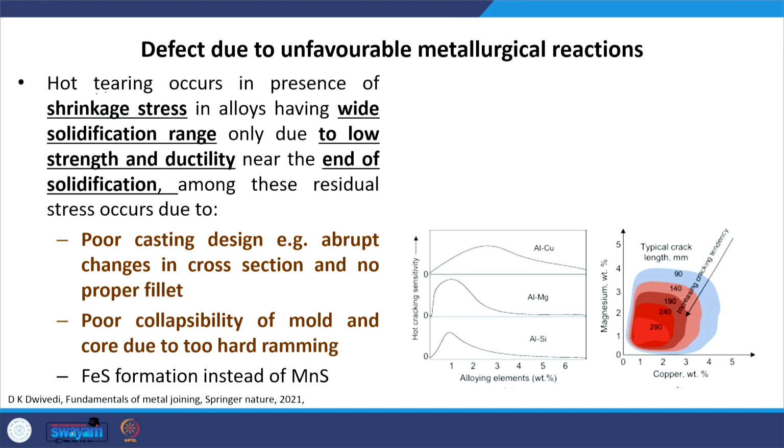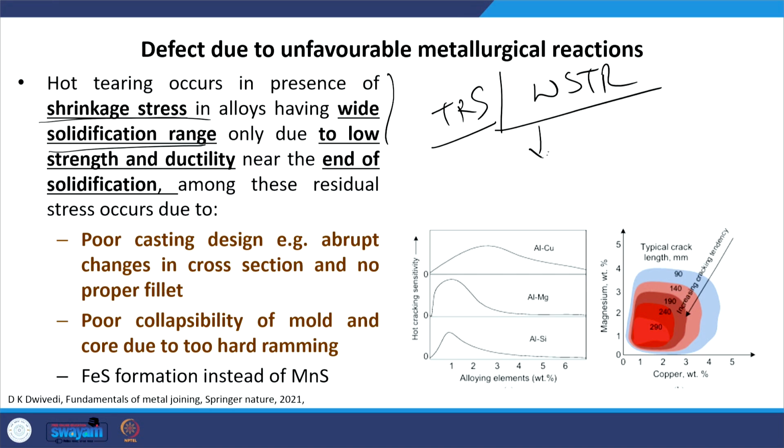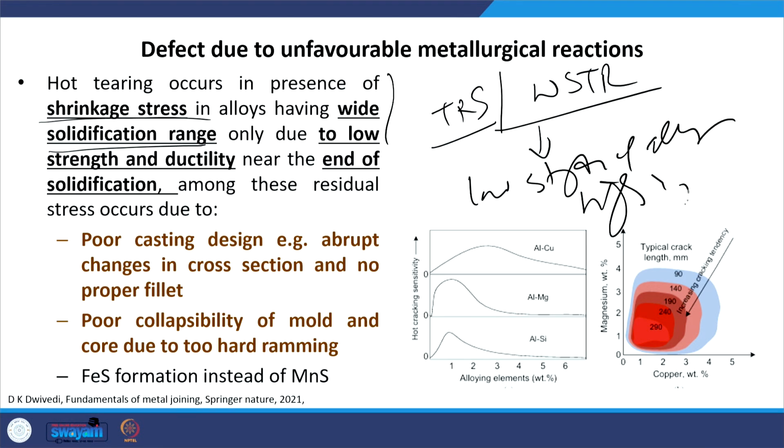So, hot tears or hot cracking occur due to the tensile residual stresses caused by the shrinkage, in an alloy having a wider solidification temperature range, and if this is clubbed with the low strength of the alloy at high temperature, then certainly this is going to promote cracking.